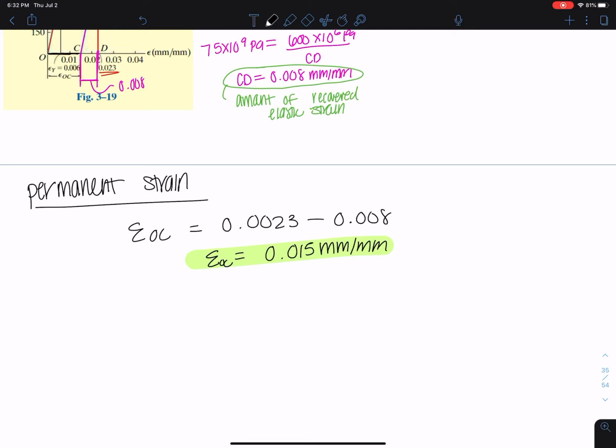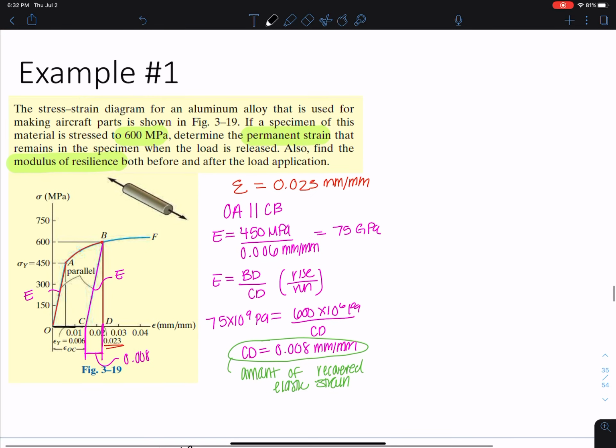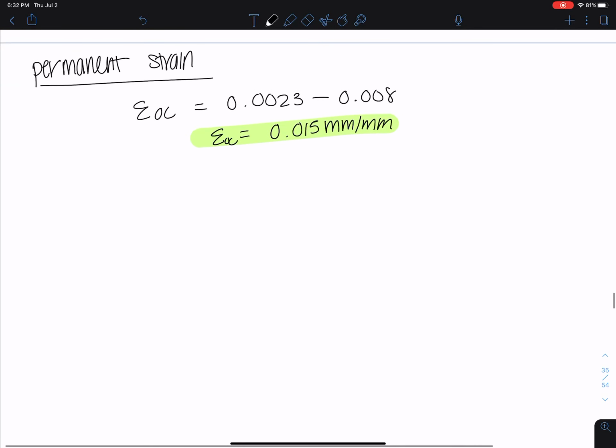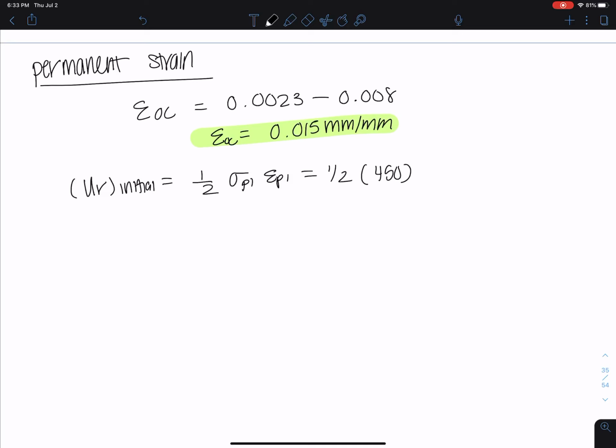Now what else do we want here? We want the modulus of resilience, and it asks for both. Let's do the initial one first, and we can just plug in directly. The plastic limit, epsilon PL, and we have 1/2. We're going to use yield always for this, times epsilon at yield, and we get 1.35 joules per meter cubed.